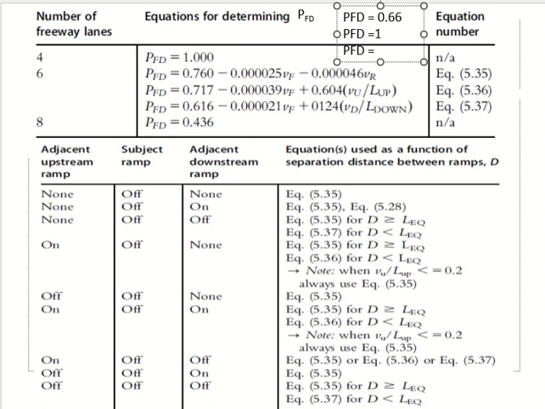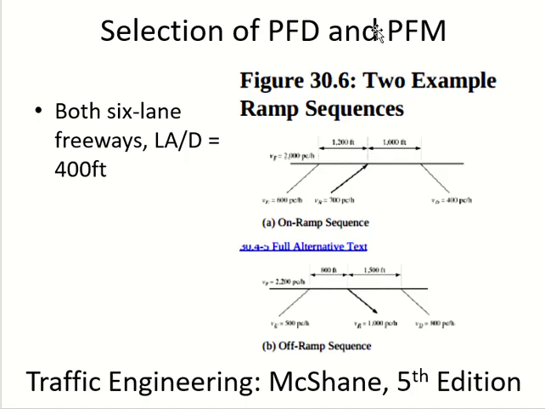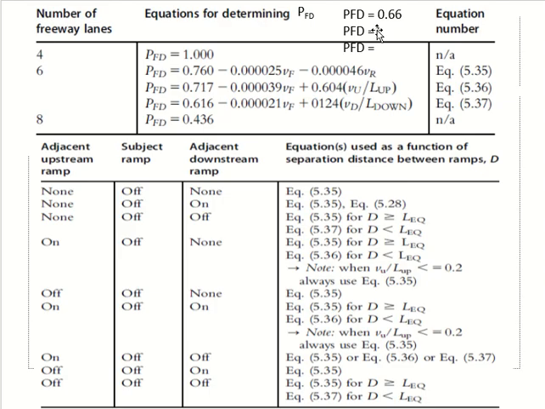For this one, we need the freeway flow, and then we need VD and LD, meaning the flow on the down ramp and the distance to that ramp. So VD is 800, and the distance to this ramp is 1500. VF is 2200, 800 and 1500. How much is that?